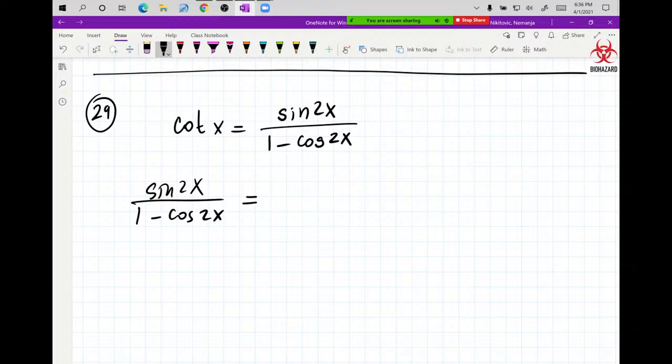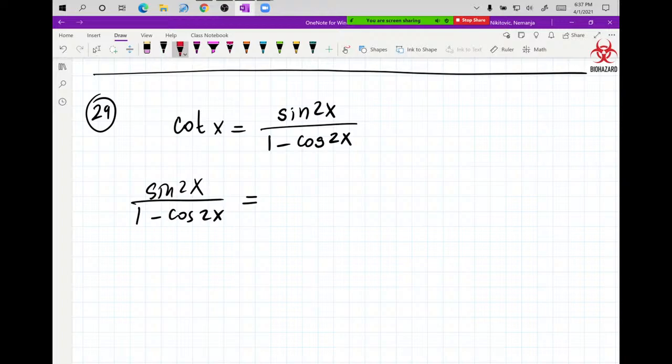Now, I didn't teach these formulas. They're there. I think they're somewhere in a book. This is actually the half formula for tangent. Yes, half angle formula for tangent. There is a very easy hack way to solve this problem.